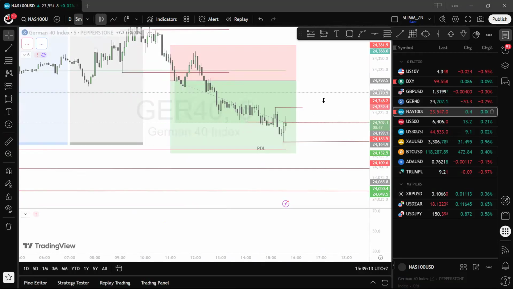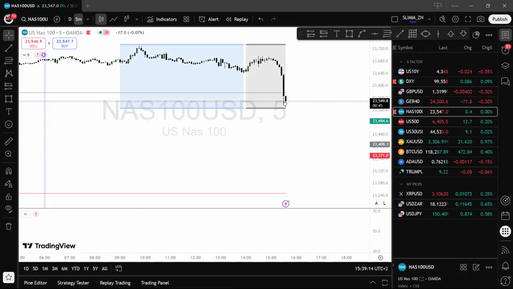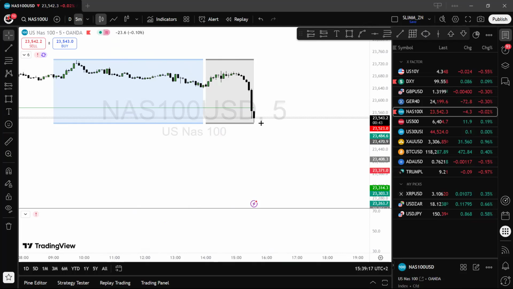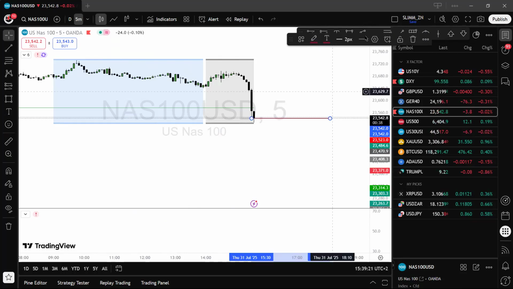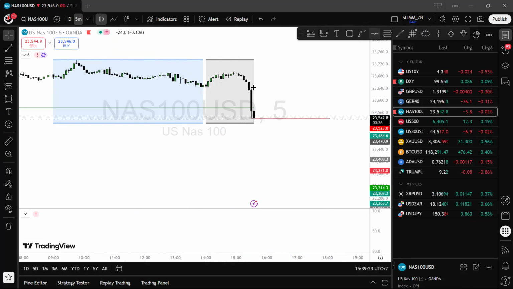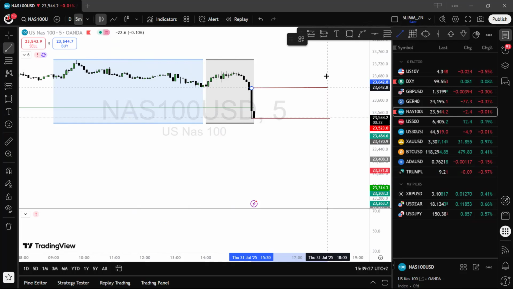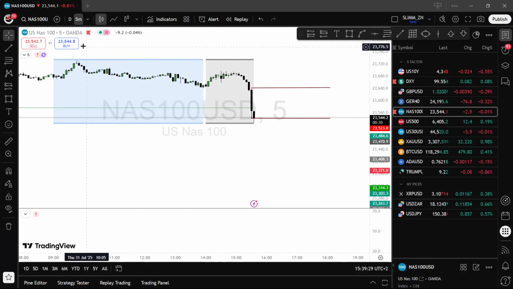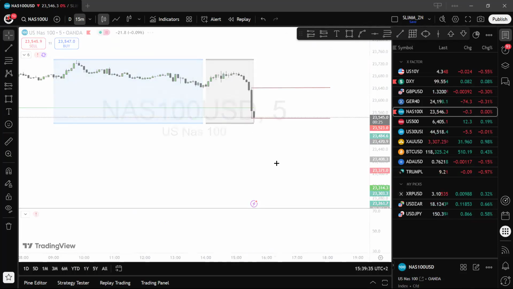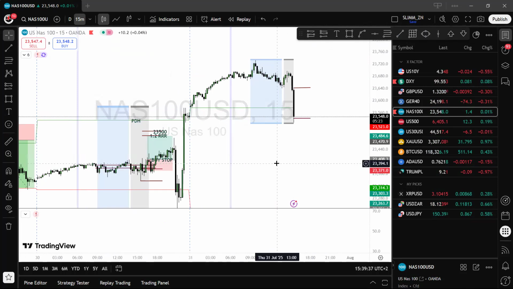Let's see what's happening with Nasdaq. Coming back into yesterday's range. Okay, I would love to see how M15 is looking.